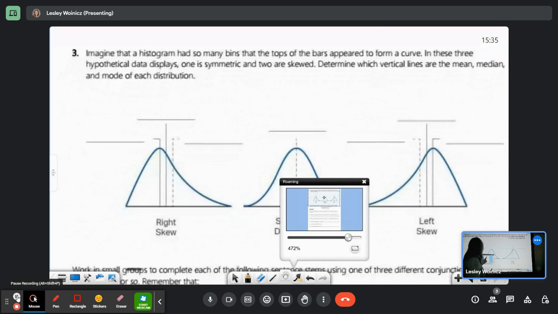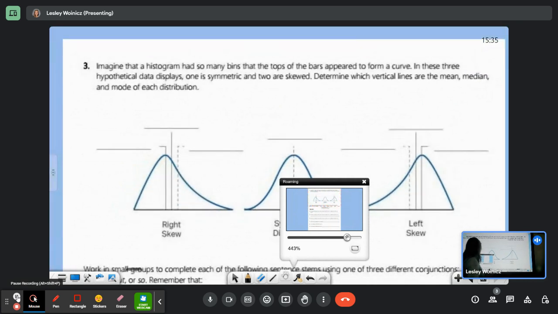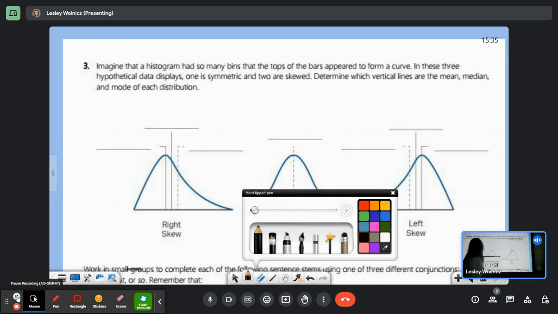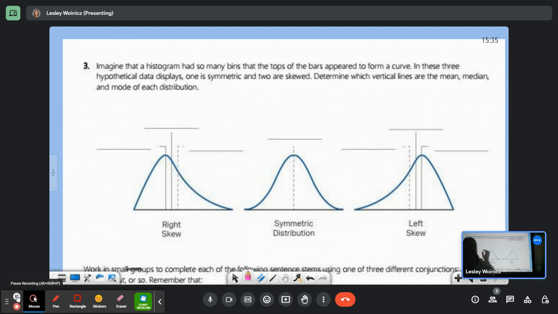We just need to talk about some generalizations really quick. And then you can finish this on your own. You may work with a buddy. You will be able to check your work in Google Classroom once I post Ms. Vogler's key. But I want you to make sure that you have it done.